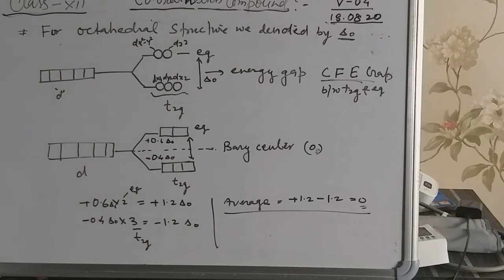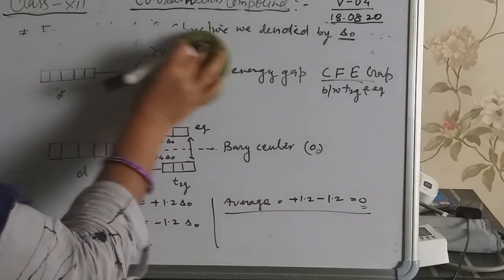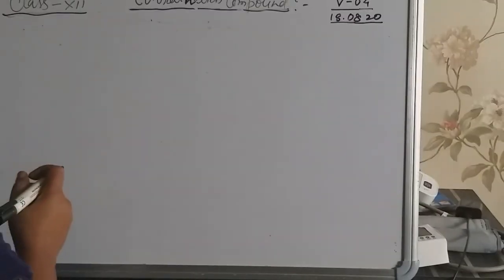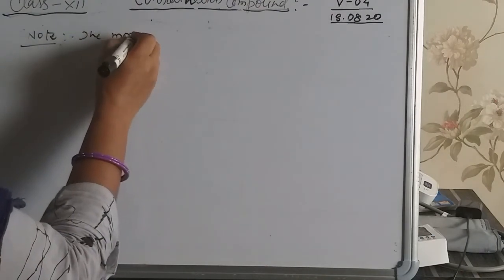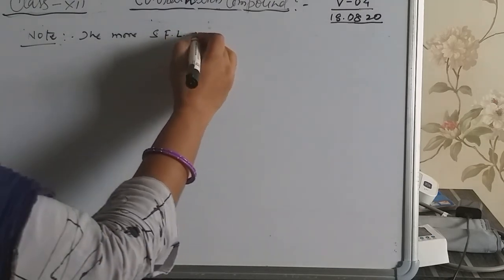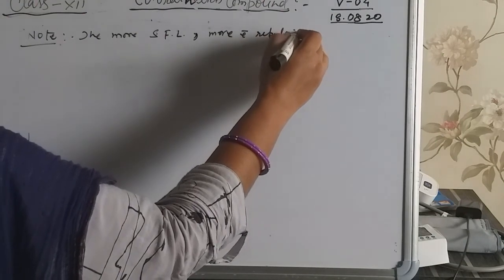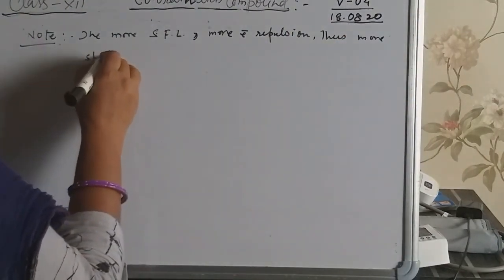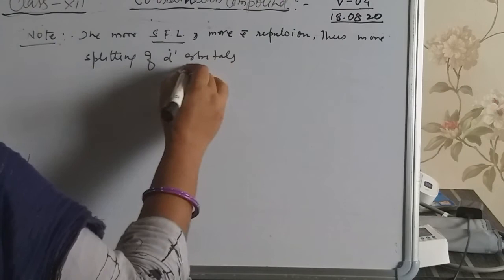Now note down the next point. The stronger the field of the ligand, the more electronic repulsion, thus more splitting of the d orbitals.